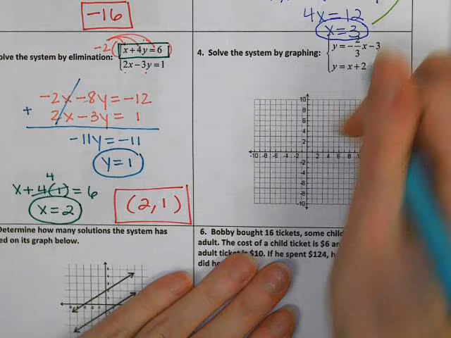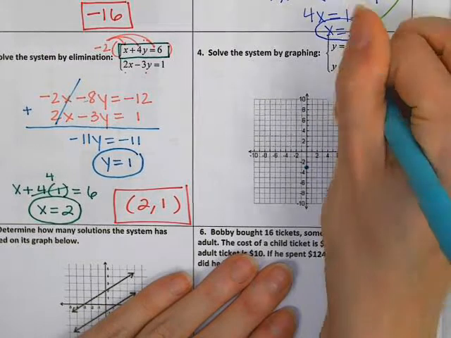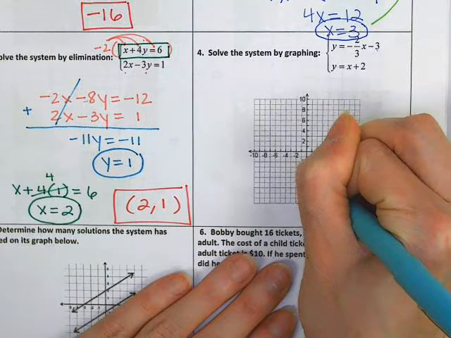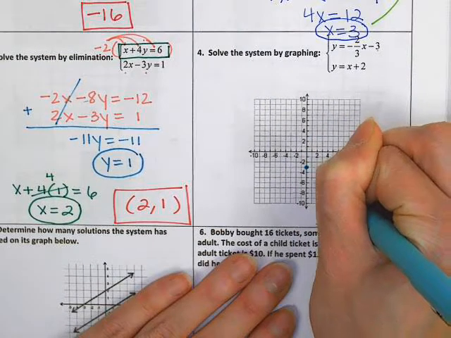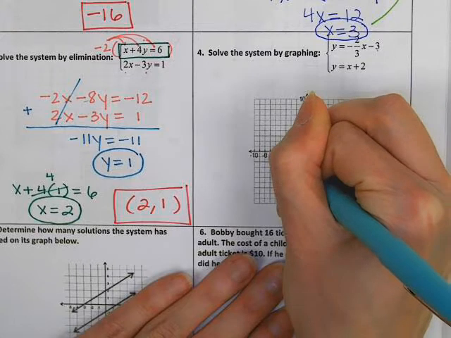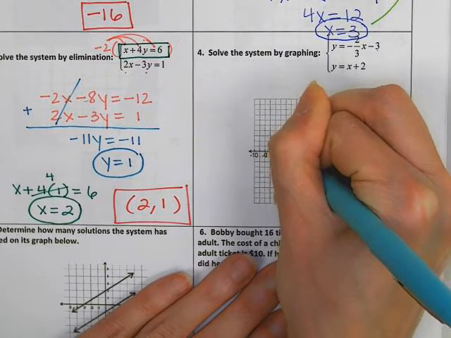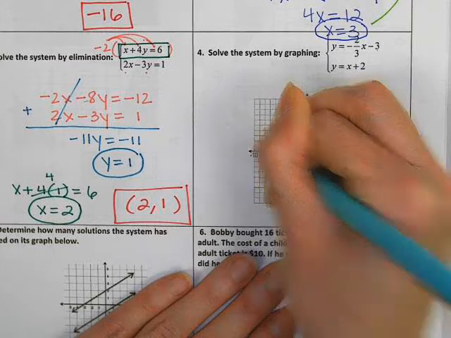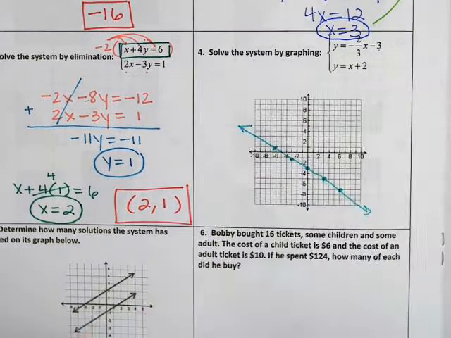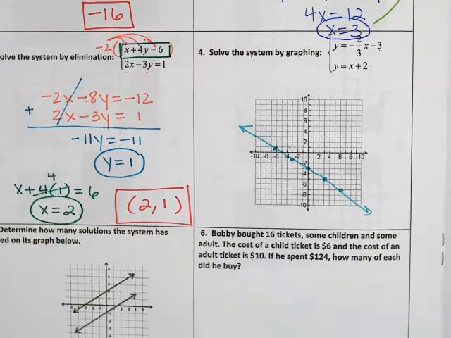So begin at negative 3, and then we're going to go down to right 3, down to right 3, down to right 3. Maybe go up to left 3 a couple times, just to make sure. Okay, so that's line 1. And now let's graph line 2.